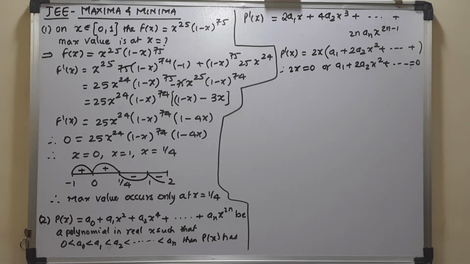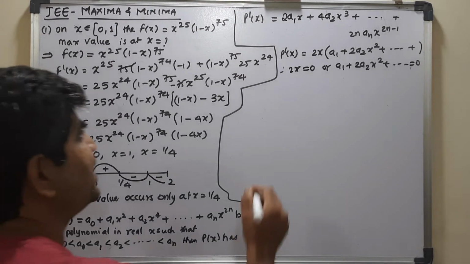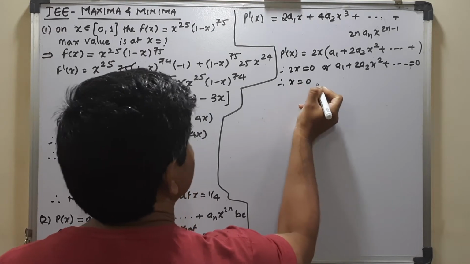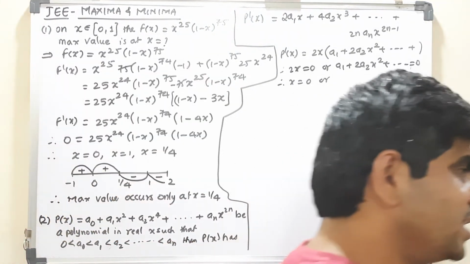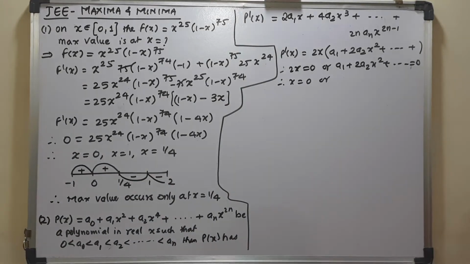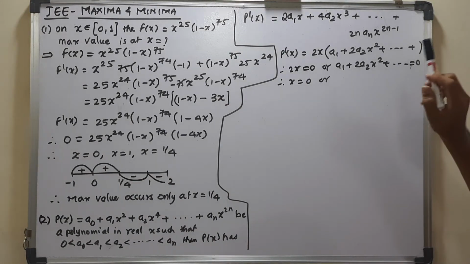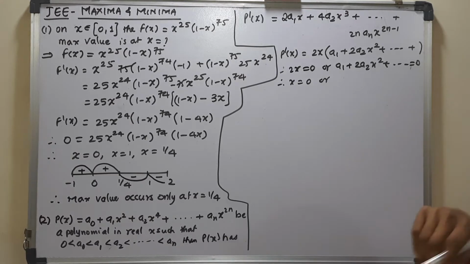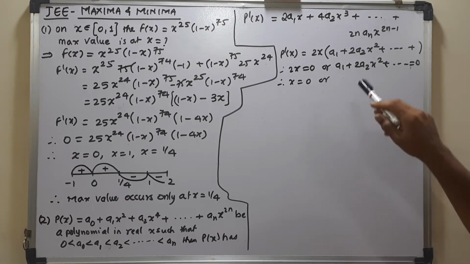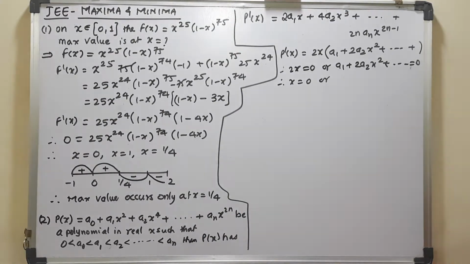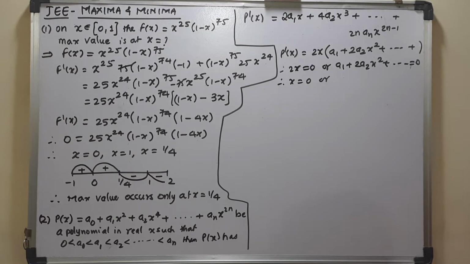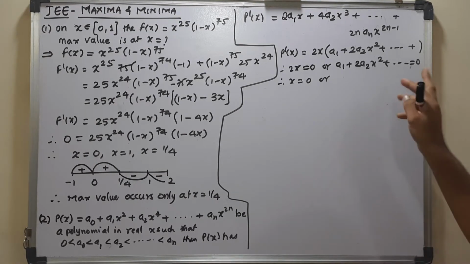Now, if this is equal to 0, from this I get x is equal to 0. Or here, if you see this point, if I take x is equal to 0, then your a1 which is there will also become 0, which is contradicting what is told over here, that a1, a2, everyone is positive.